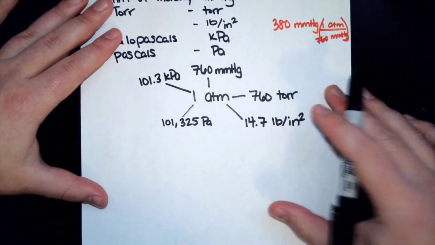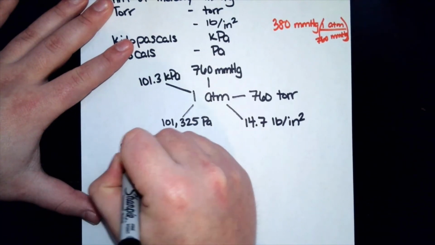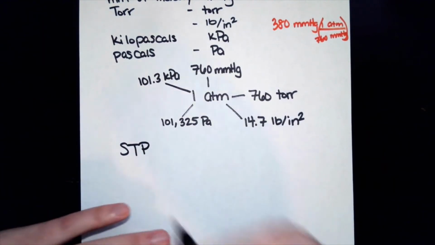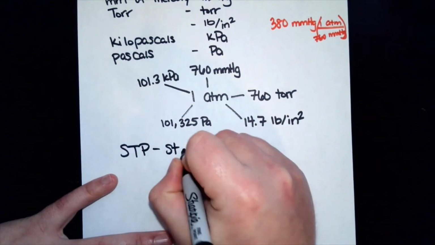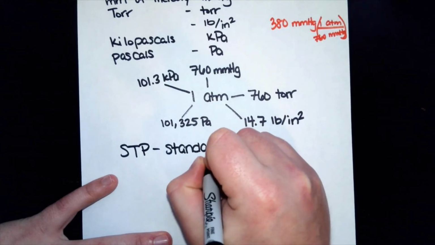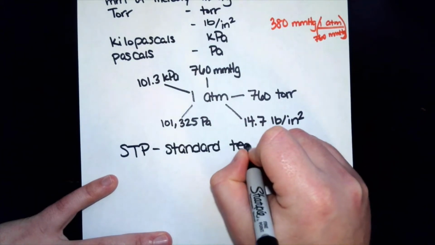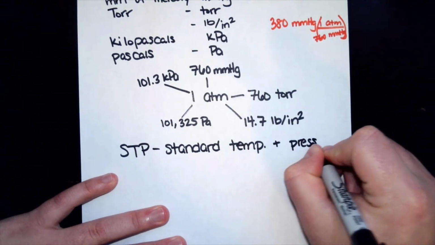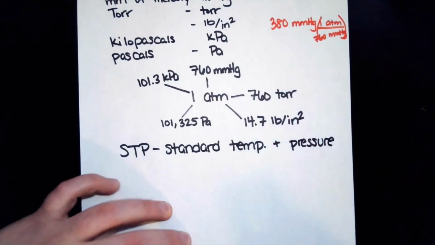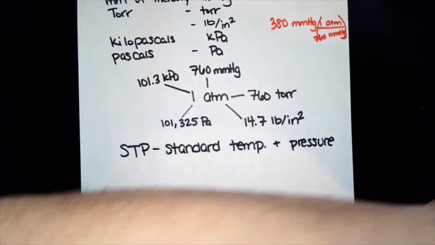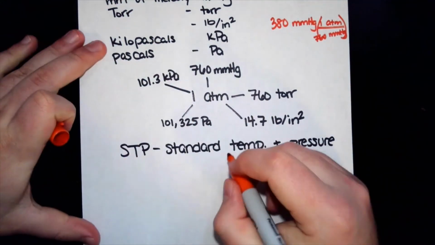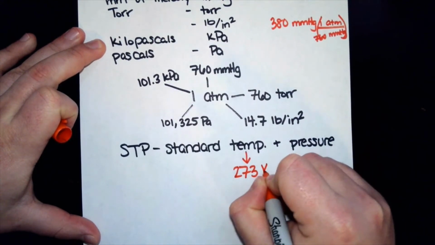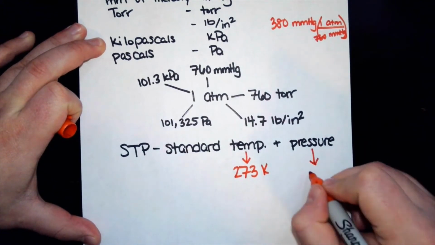I want to talk about two more concepts. So one is STP. So STP stands for standard temperature and pressure. Standard temperature is 273 Kelvin, and standard pressure is 1 atmosphere.